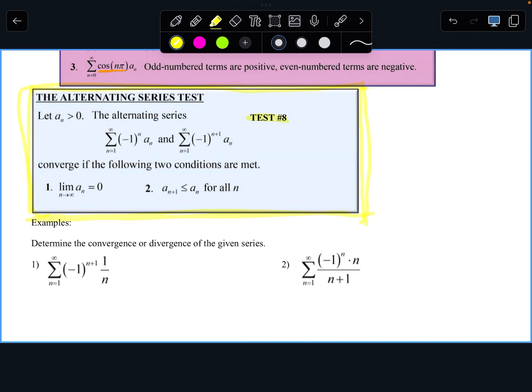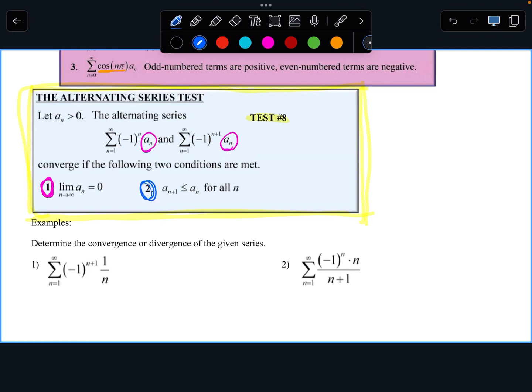So basically what you do, the first thing, is you take out the non-alternating stuff. So basically ignore the -1 thing, keep the -1 out. The first step is to see that those terms go to 0. That's the first test.